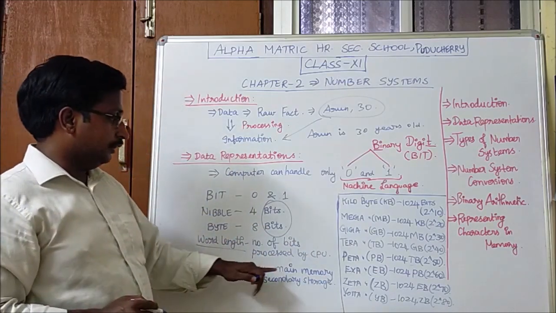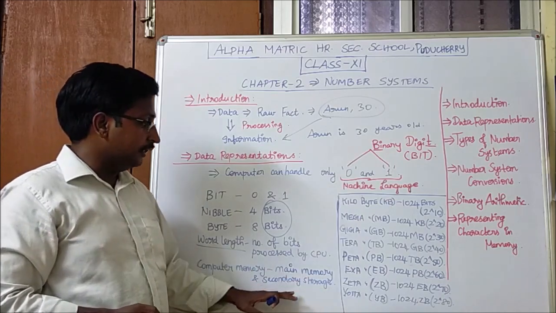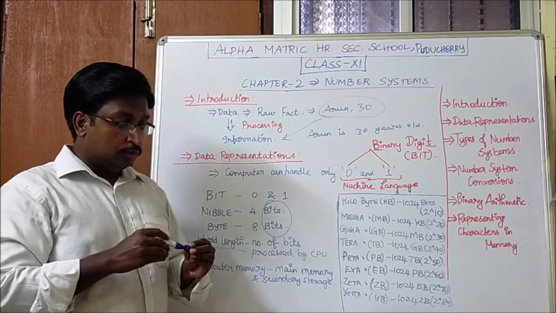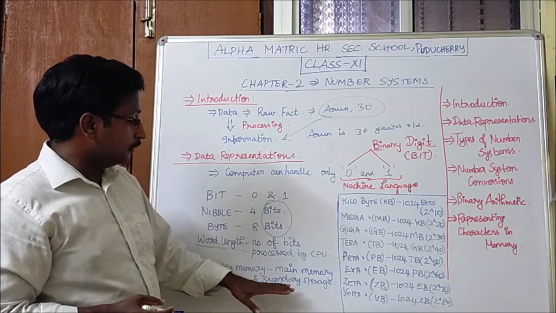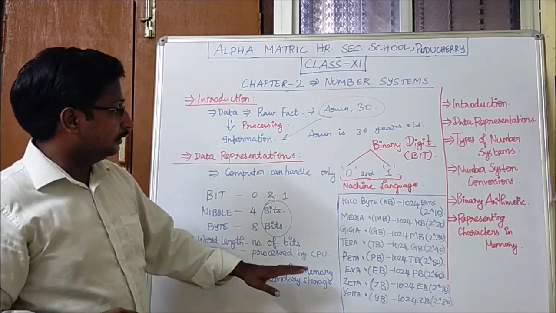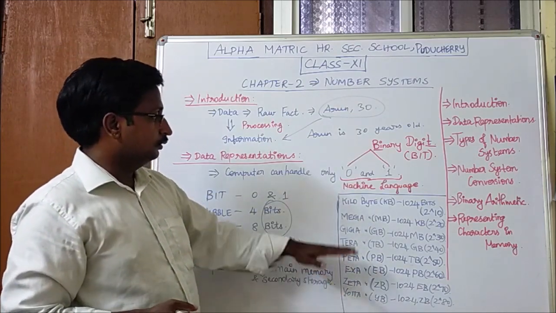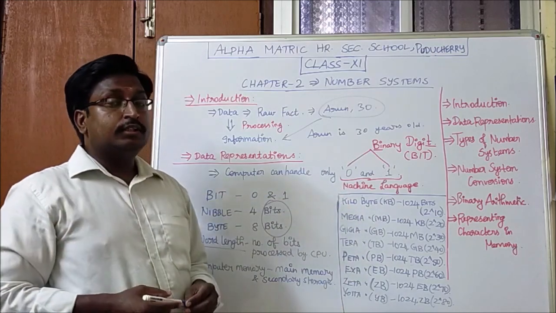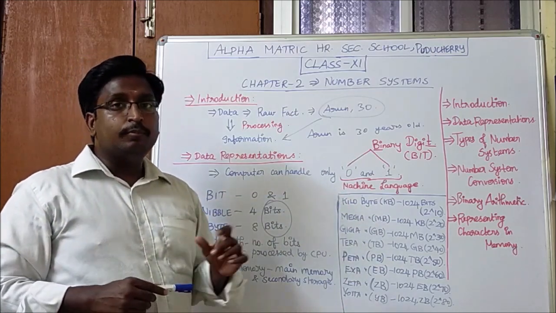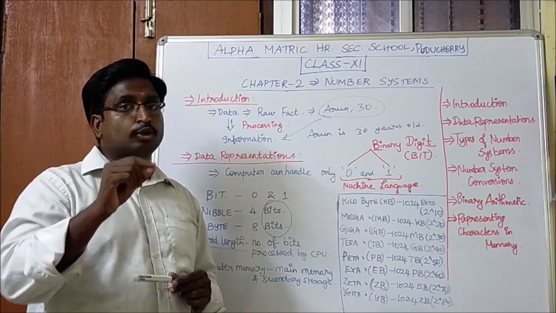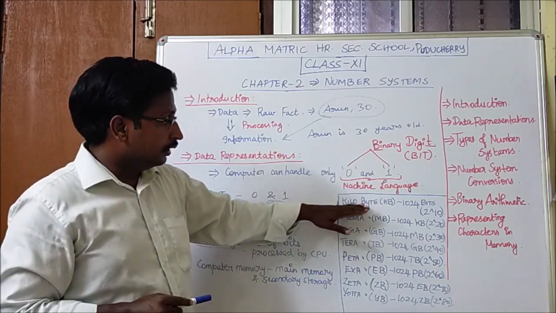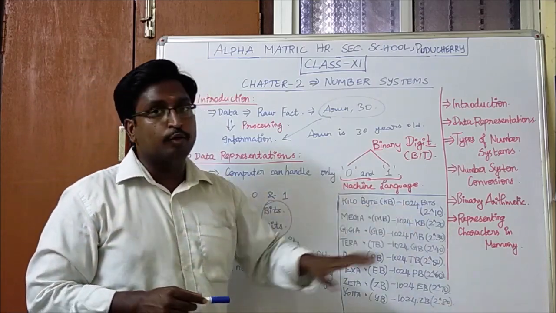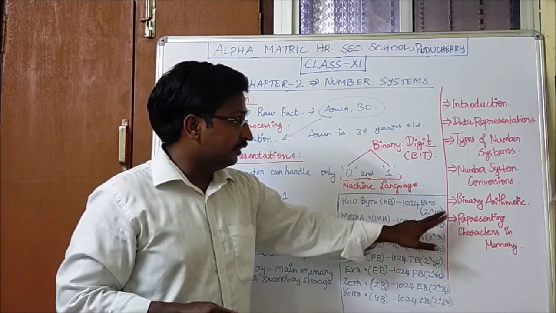Next is computer memory. There are two types of memory, main memory and secondary storage. Mostly computer memory is represented in these terms, starting from the kilobyte. In maths, generally kilo represents 1000, whereas in computer, kilo represents 1024, which is 2 power 10.